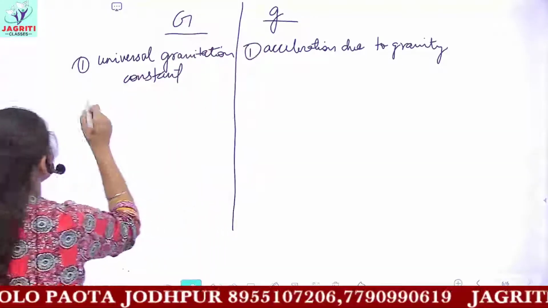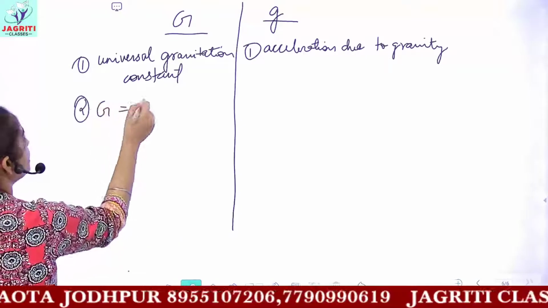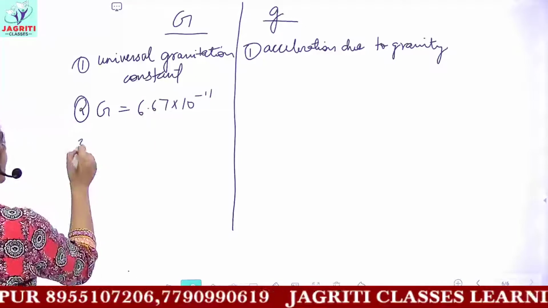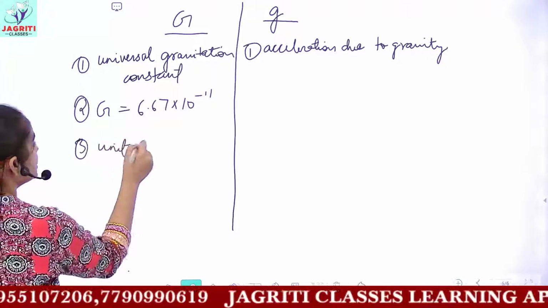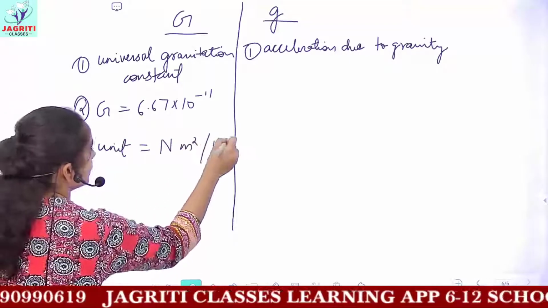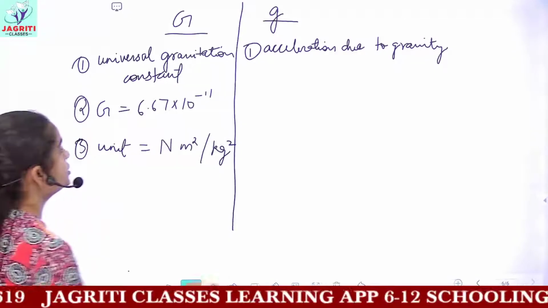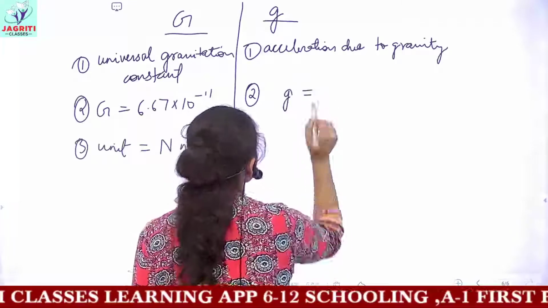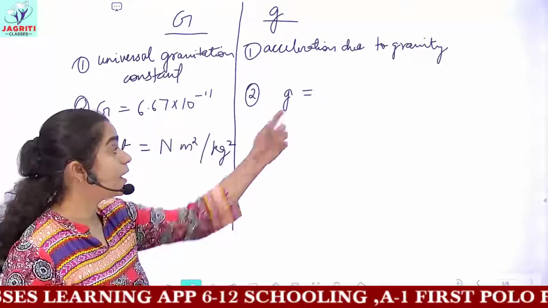The value of capital G is 6.67 into 10 raised to the power minus 11, and the unit of capital G is Newton meter square per kg square. Whereas small g, we'll find out how its value came.